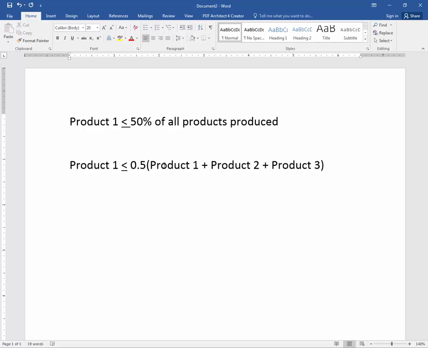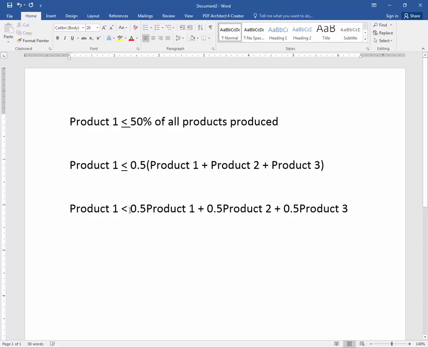So now we have the mathematical notation or constraint, but we want all of the variables on the left-hand side and a constant on the right-hand side. So product 1 less than or equal to 0.5 times product 1 plus 0.5 times product 2 plus 0.5 times product 3.